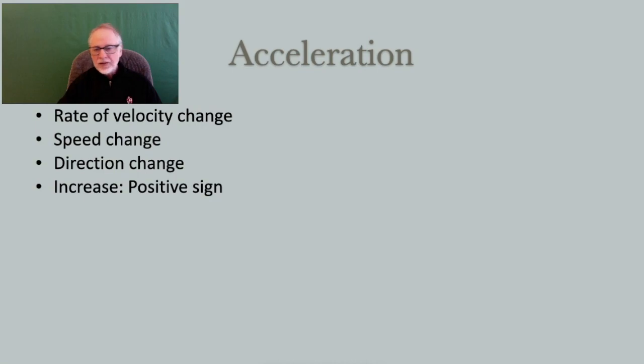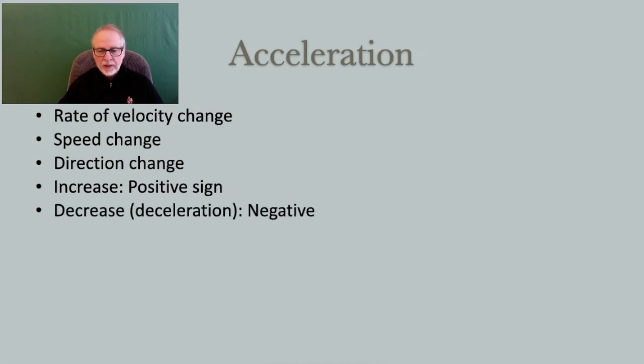All right. So obviously, the acceleration again can have a sign like velocity. If the velocity increases, it has a positive sign. If it decreases, and of course the term we use for that would be deceleration, it would have a negative sign if the velocity is decreasing during a particular process.